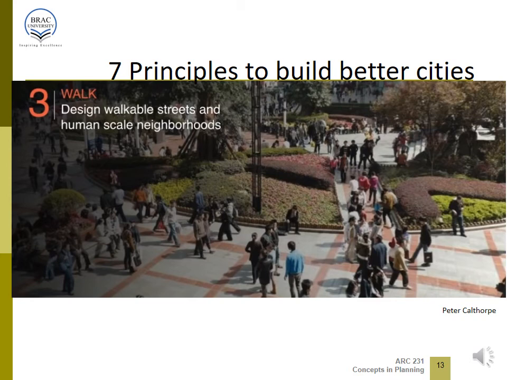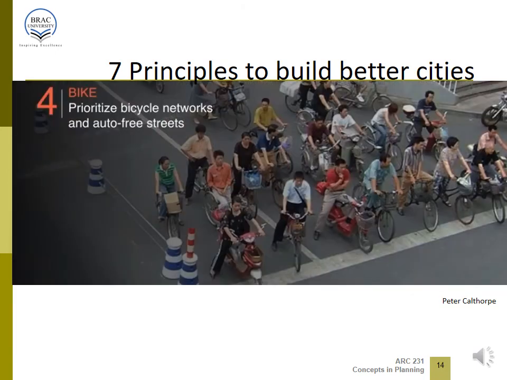He also talks about walk. He's advocating designing walkable streets and human scale neighborhoods to make spaces more efficient and functional. He talks about biking, considering the public health and well-being system to be in the priority list.